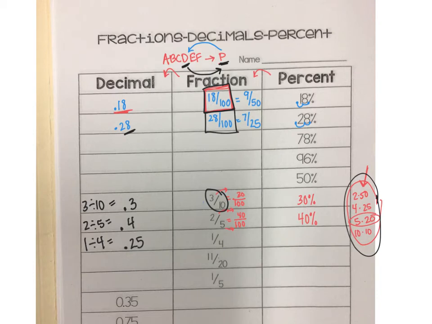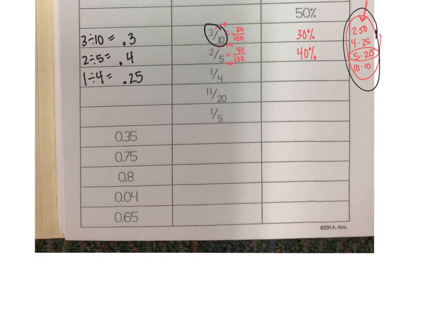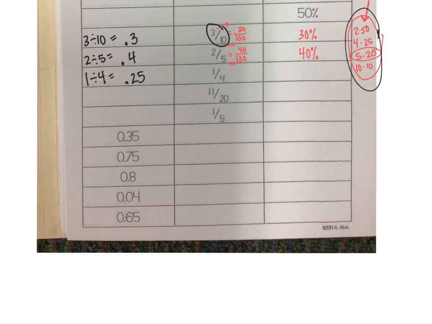Okay, then let's go down to the bottom part. If I have decimals and I want to change my decimal into a fraction, this is pretty easy, ladies and gents. All we do is I read this number, 35 hundredths, 75 hundredths.